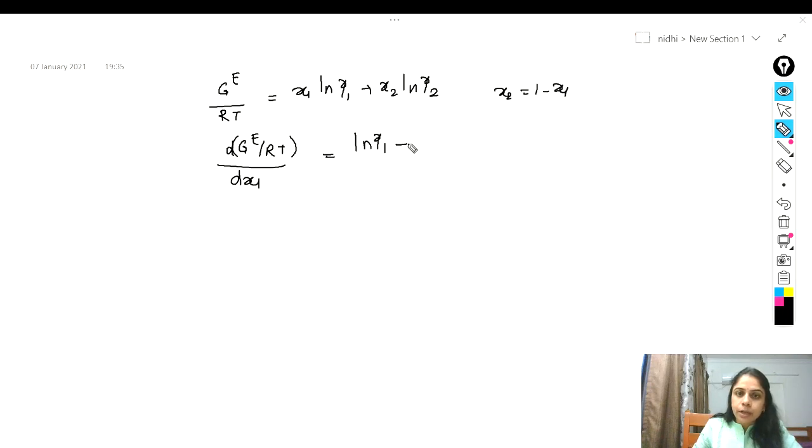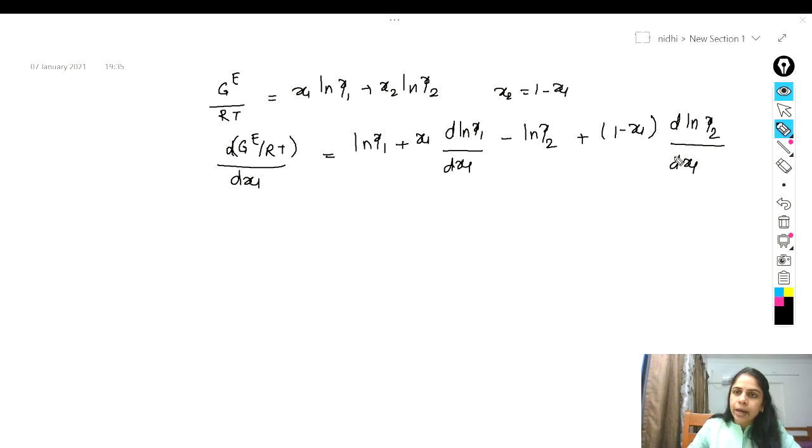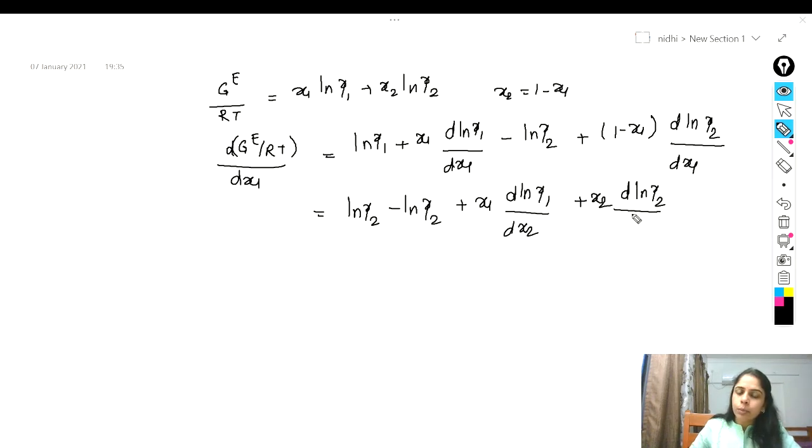So this is plus x1 d ln gamma 1 upon dx1, then x2 in place of this, so minus 1 ln gamma 2 plus x2, which I write here as 1 minus x1, d ln gamma 2 upon dx1, right? Or you can write x2 in place of 1 minus x1, so minus ln gamma 2 plus x1 d ln gamma 1 upon dx1. Here you can write plus x2 d ln gamma 2 upon dx1.